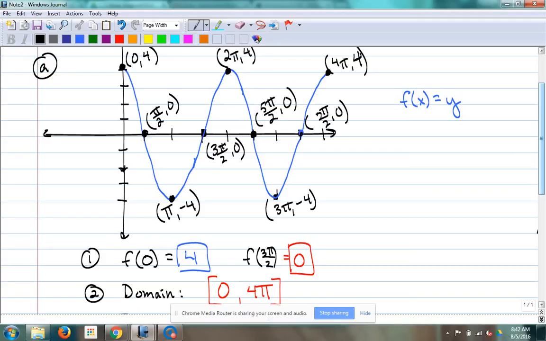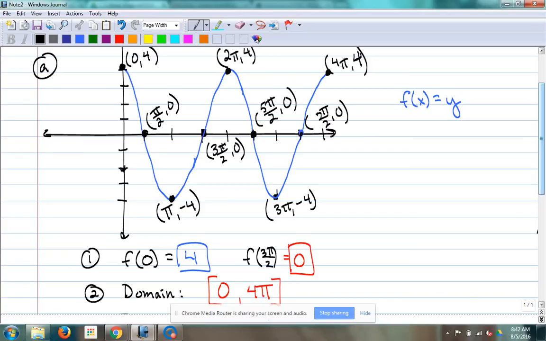What's the lowest y value? -4. So I go down here, and this is where Megan said the high peaks, the lows and the highs, are important points because they help us find that range. Our lowest points here, this one's got a -4. This one just happens to have the same y value, so they're tied for the lowest.